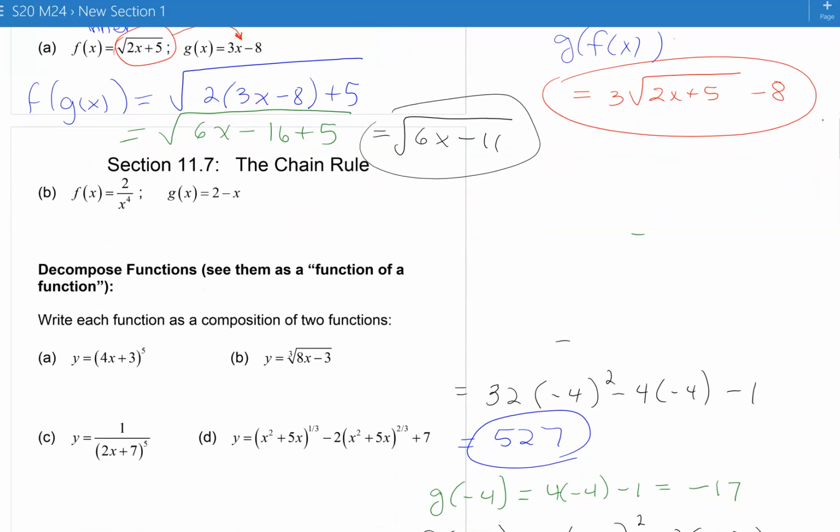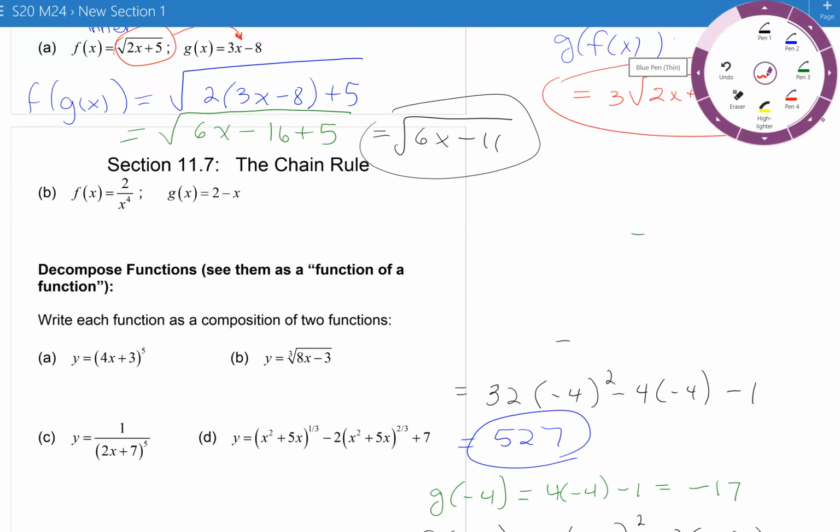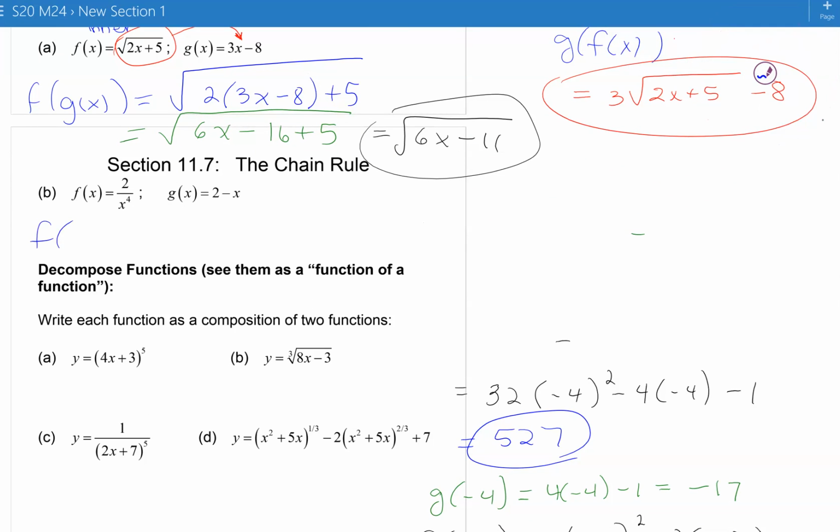Okay, let's look at another example. And this one, we are going to find f of g of x first. So it says put the g function into the f function, and you're done. Don't multiply out the 2 minus x 4 times.